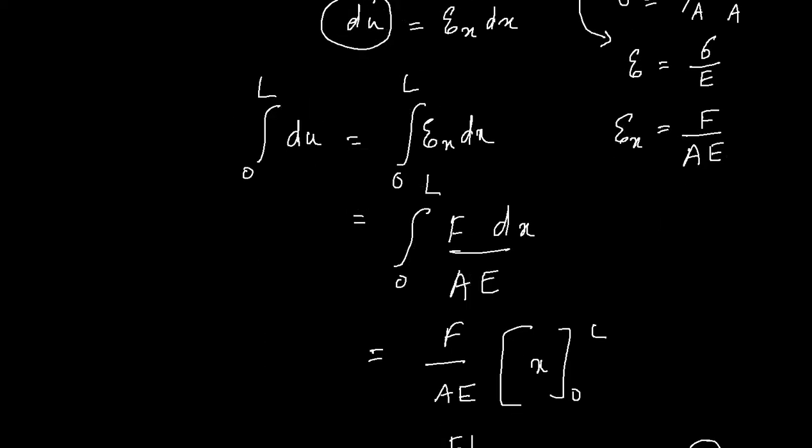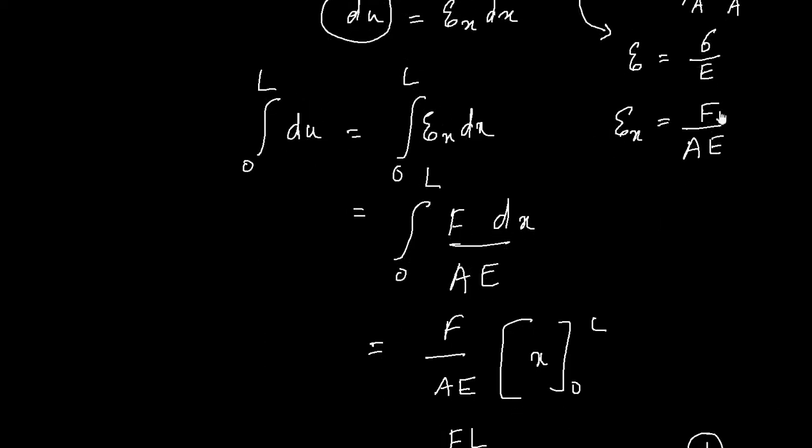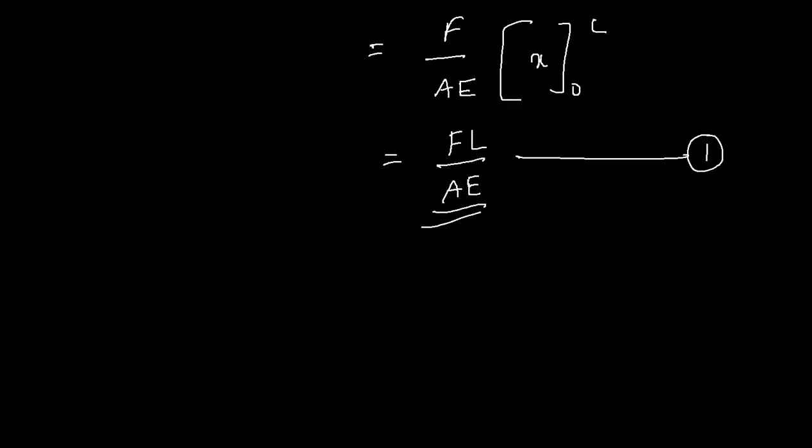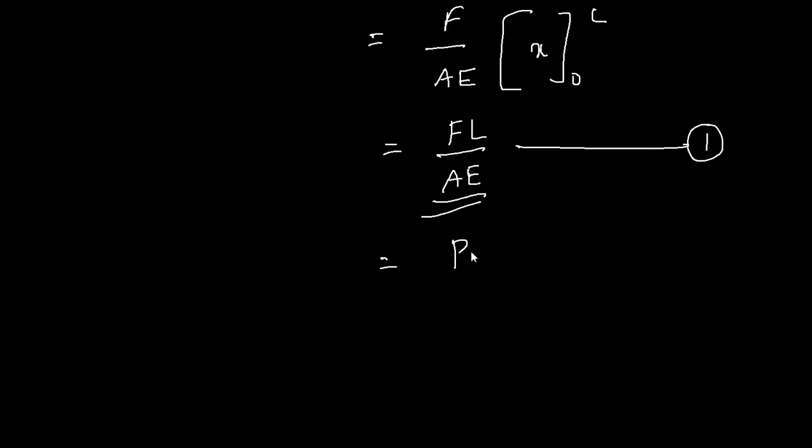Now substituting back that relation in here, you have total deformation is integral 0 to L du, which is equal to integral 0 to L F dx over AE, and on integration you get x within limits 0 to L, that is FL by AE. You can also write it as PL by AE; there are different notations, but it's essentially the same thing.